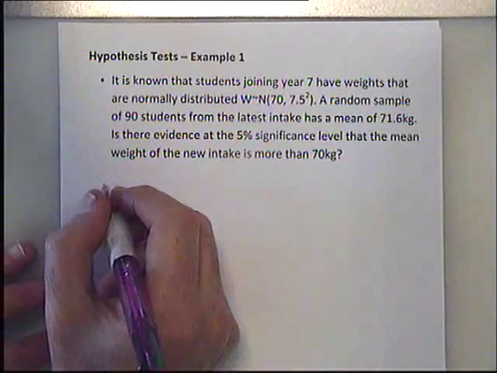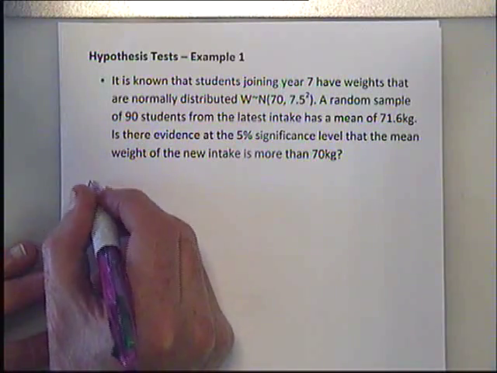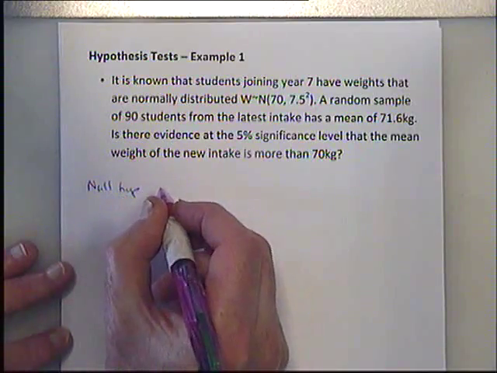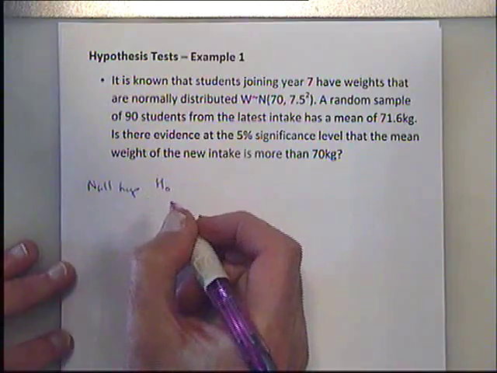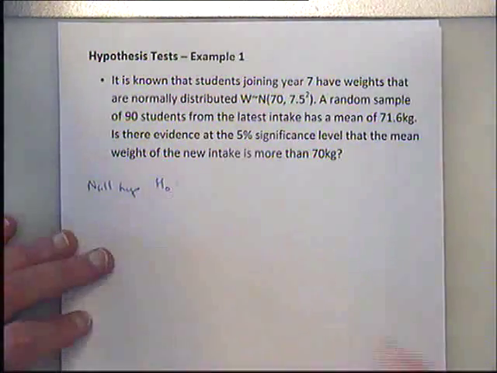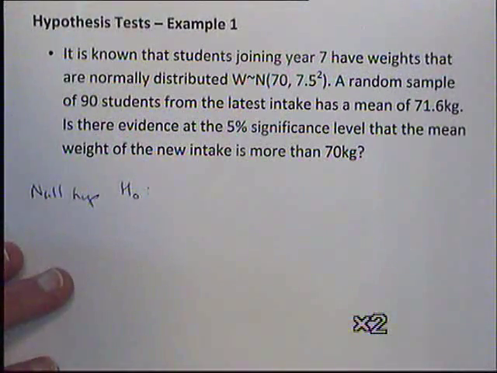First of all, the null hypothesis. From those of you who were here last lesson, what notation did I use for the null hypothesis? H with a little zero, H naught as we normally call it. H naught is everything's okay, nothing's changed, the world is wonderful, nothing's changed.